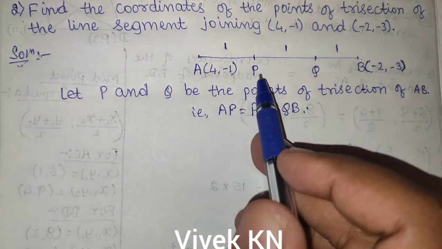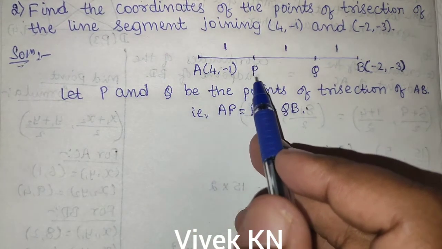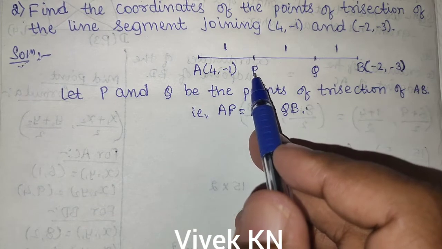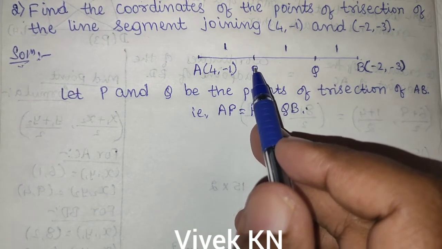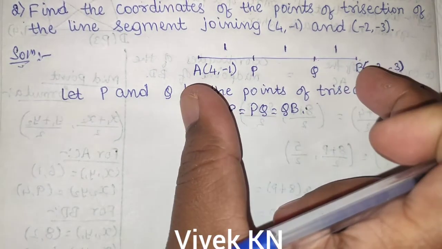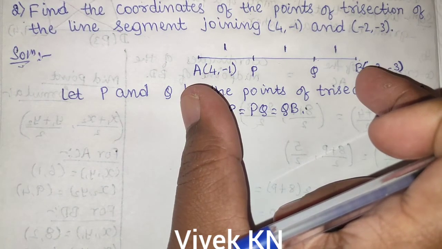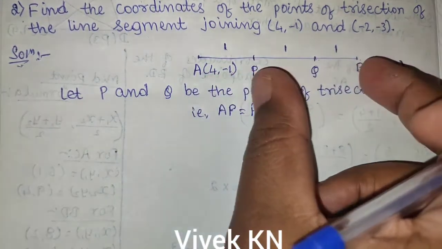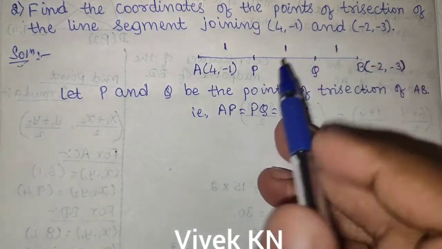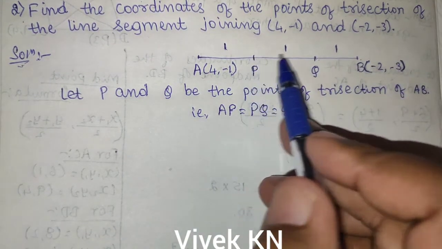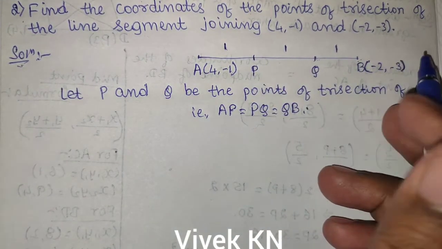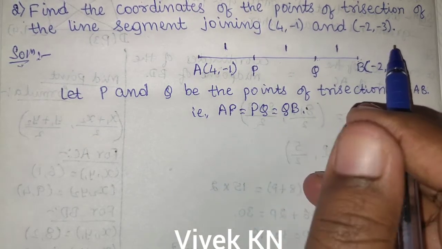First, let us calculate the coordinates of the point P. Here, this point P divides the line segment AB internally in the ratio 1:2. That is, we have to add both the distance between PQ and QB together. Okay.